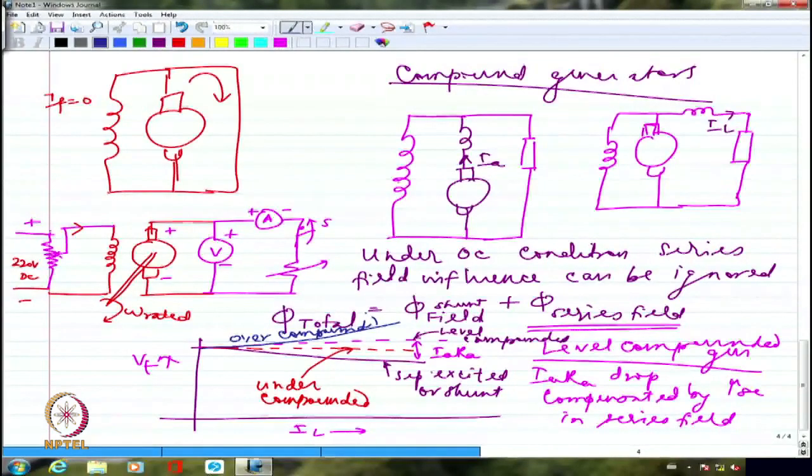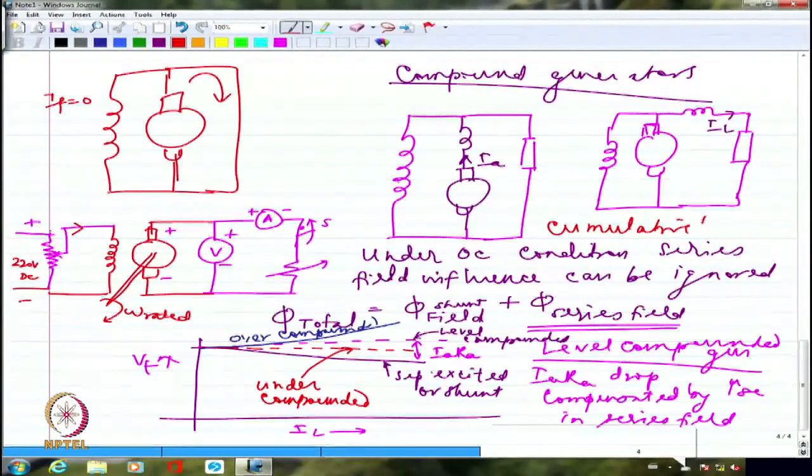So in all these cases, please note that the total flux I am getting after I pass the current through the series field is more than the original shunt field flux. So the total flux is greater than the original shunt field flux. This is actually added cumulatively, so we call this a cumulatively compounded generator in general.